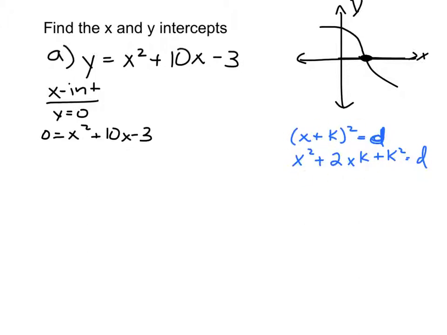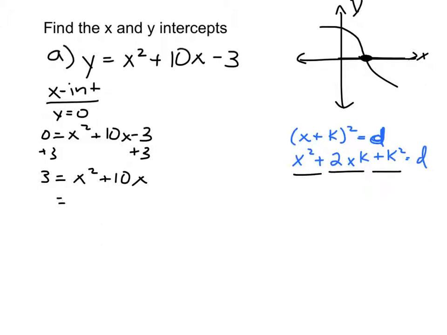The idea is that if I'm ready to complete the square, I need to get it into this format. So first thing I'm going to do is add 3 to both sides. I'll get 3 equals x squared plus 10x. I want it to look like this over here.